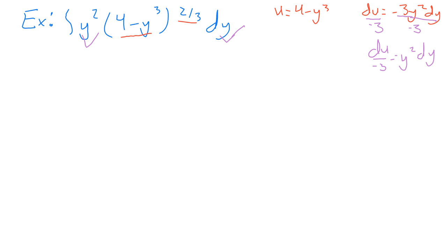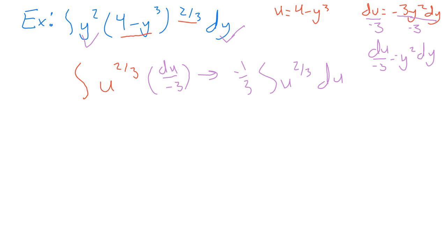So now we can plug everything in to get our integral of u to the 2/3 times du over negative 3. Go ahead and pull out that negative 1/3 to get negative 1/3 integral of u to the 2/3 du.